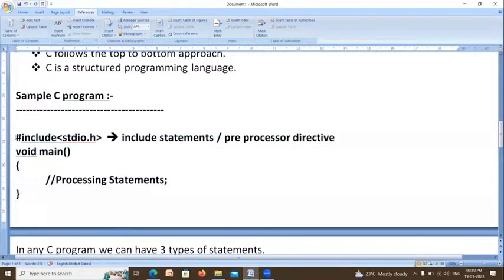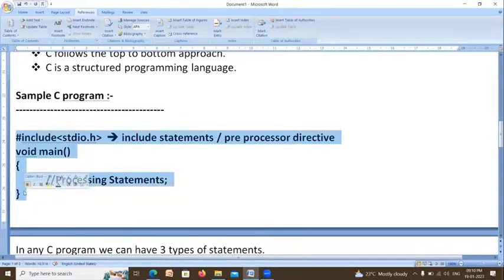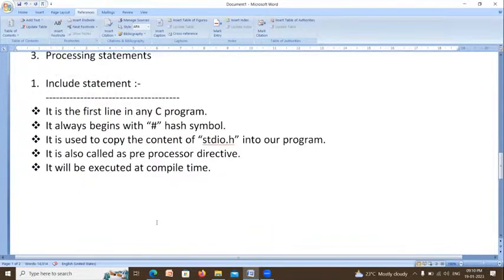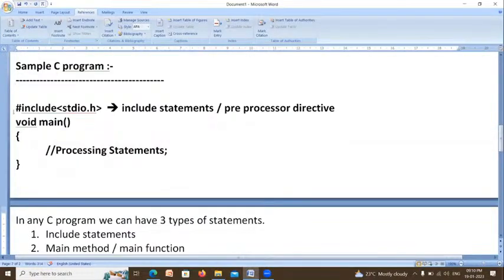We need to convert this program into a machine-understandable form. That conversion process is called compilation. After converting your program into machine-understandable form, the computer can understand and execute your program. So this line will be executed at the time of compilation, not at the time of running. So it is called preprocessor.